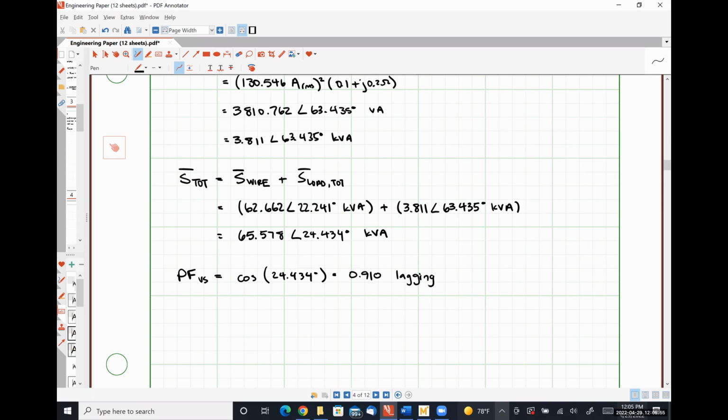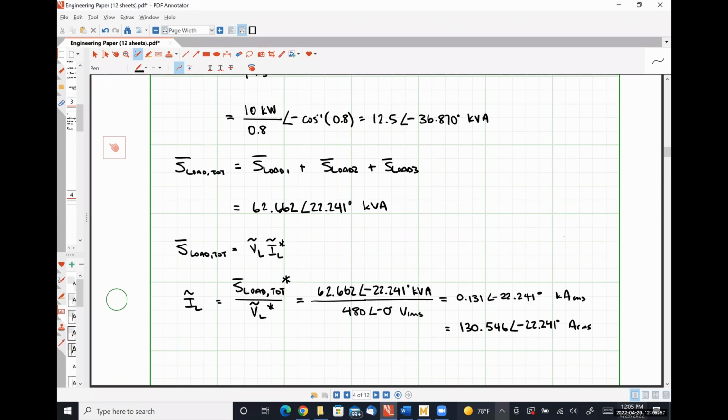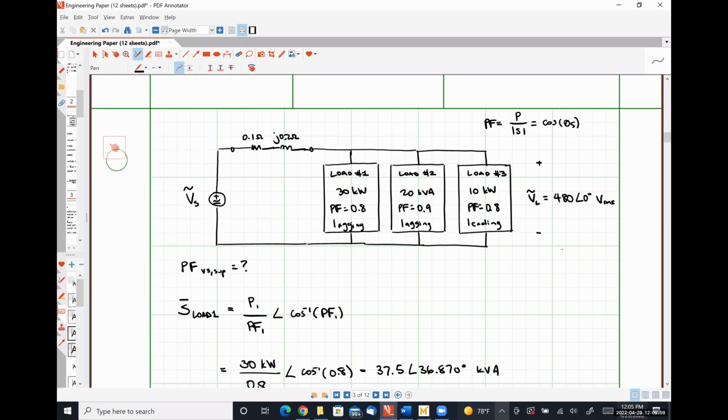And that thing is, what value of capacitor C would we need to put in parallel with our voltage source to correct the power factor to PF new equal to 0.95 lag?